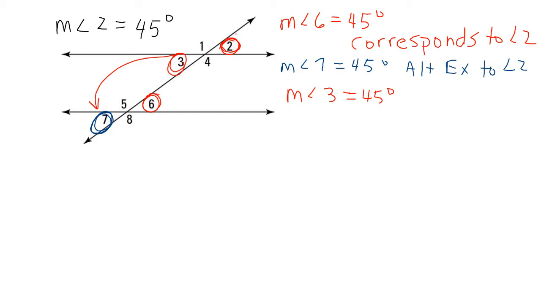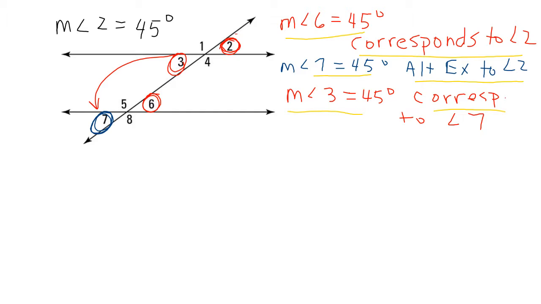And why? Because it corresponds to angle 7. So again, what am I doing? I'm identifying, I'm giving a reason. Identify, give a reason. Identify, give a reason. So we've got 4 angles now just by applying 2 theorems.